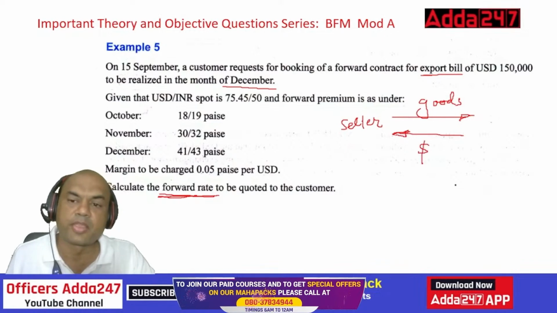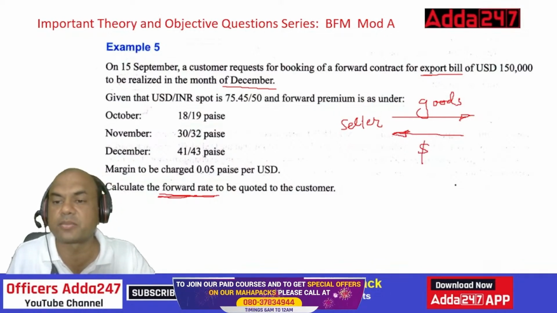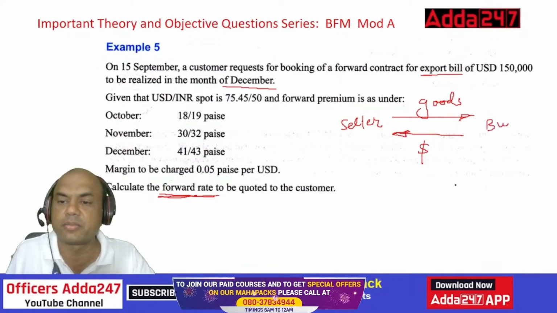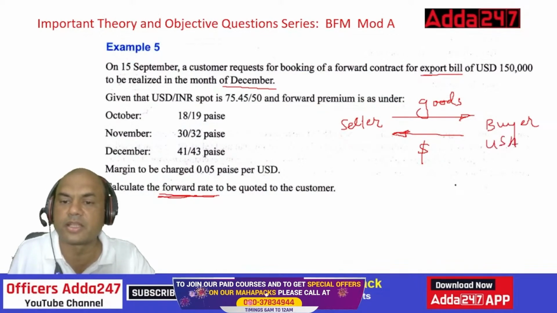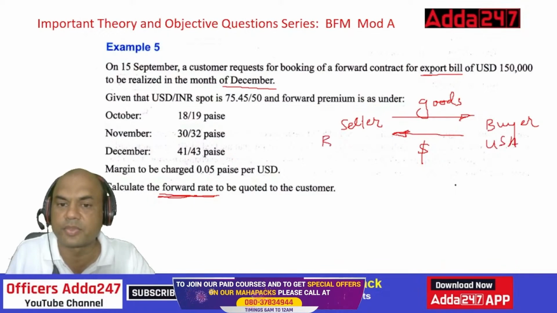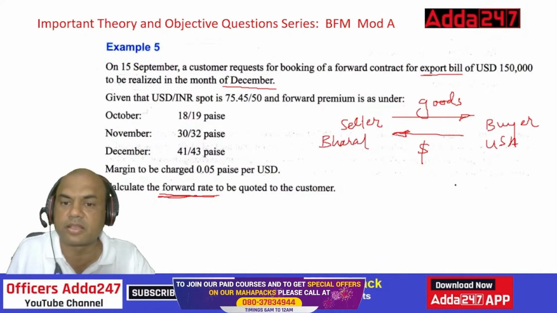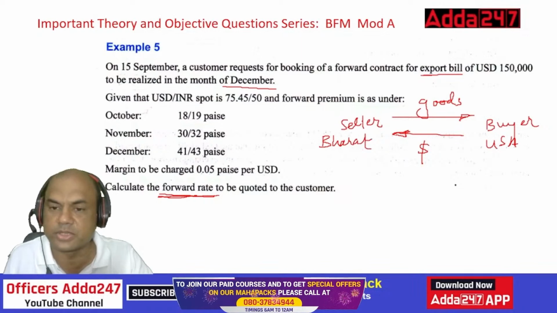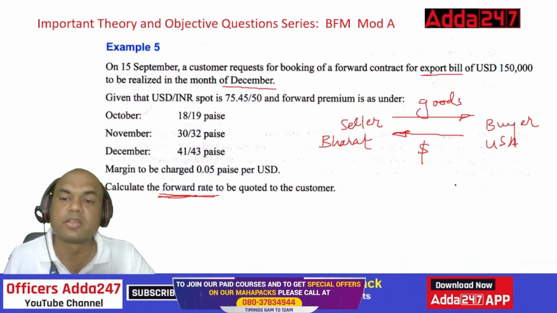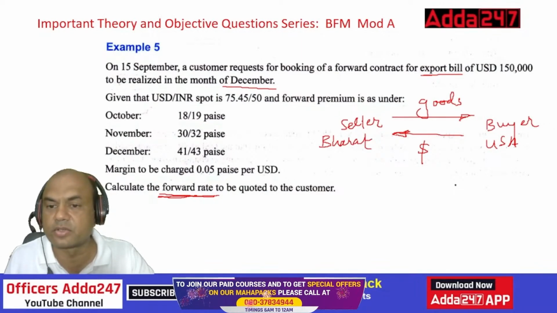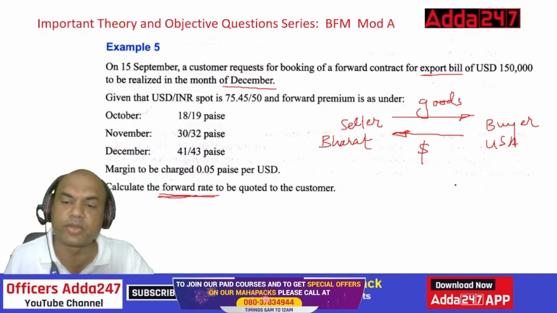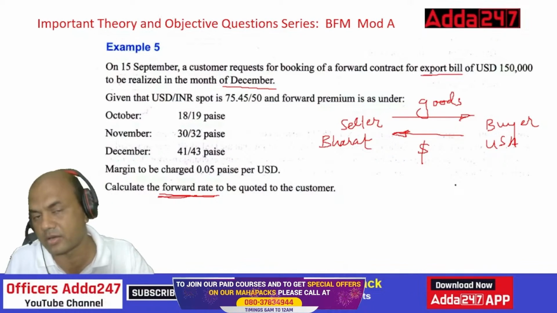There is a buyer in, let's say, USA, and this person is in Bharat. So this person sells the goods and gets the dollars. Whenever we do an export transaction, the dollars are coming in for the seller.